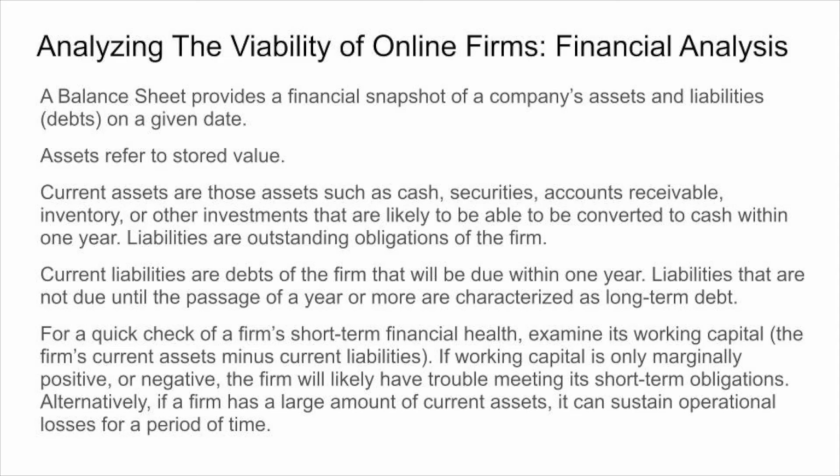Does it have more assets than liabilities? So for a quick check of a firm's short-term financial health, just compare the current assets with the current liabilities and ask yourself, do we have enough to pay our bills? And if we do, we're doing well. And over the longer term, is that gap growing or shrinking?